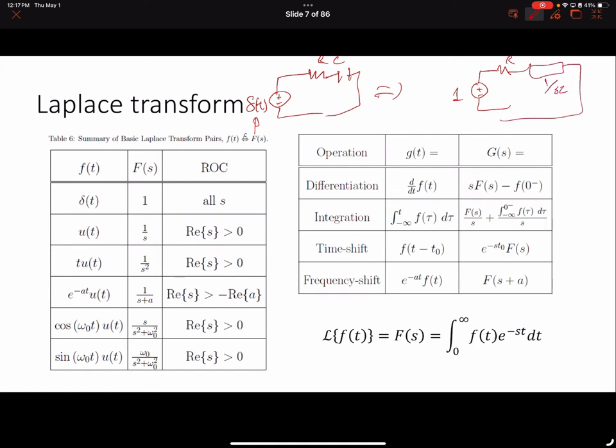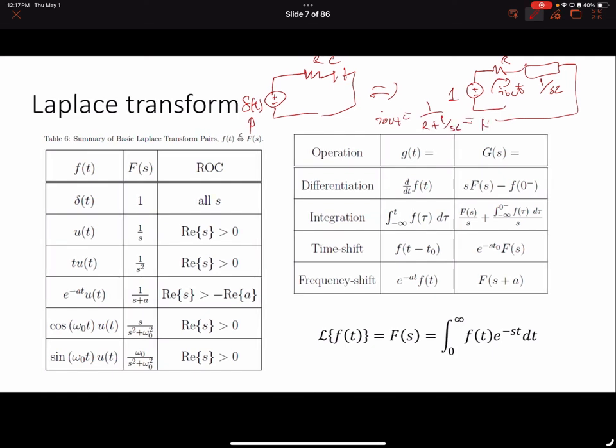So let's say my output for the circuit was I out, then I out would actually just be 1 over R plus 1 over SC. So that's going to be my transfer function, H of S. I can just inverse Laplace this, and then that's going to give me my impulse response. Does that make sense?